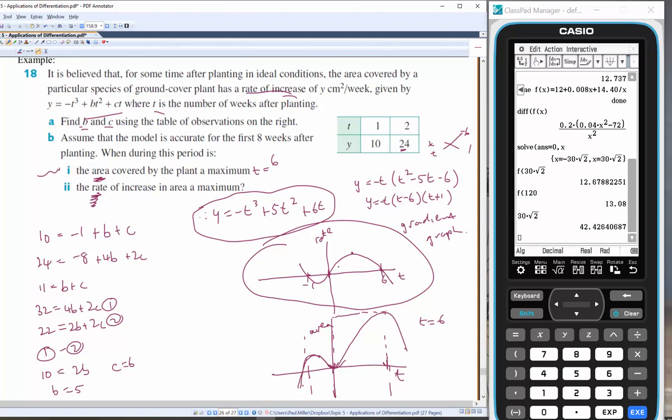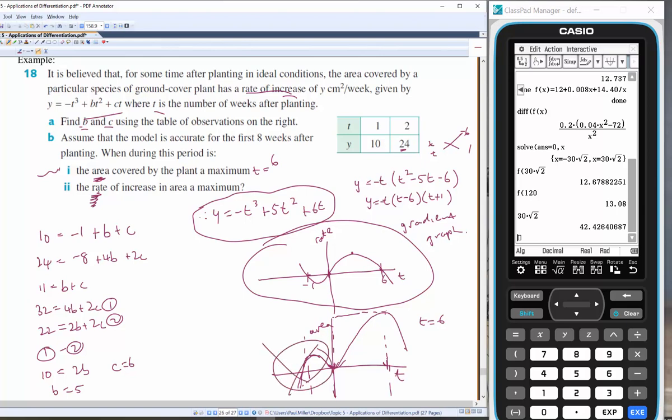So that's like the derivative graph for the area graph. That's the way I try to think about it. So it must have occurred when time is equal to 6. Time couldn't be negative anyway, so this part here is not important.